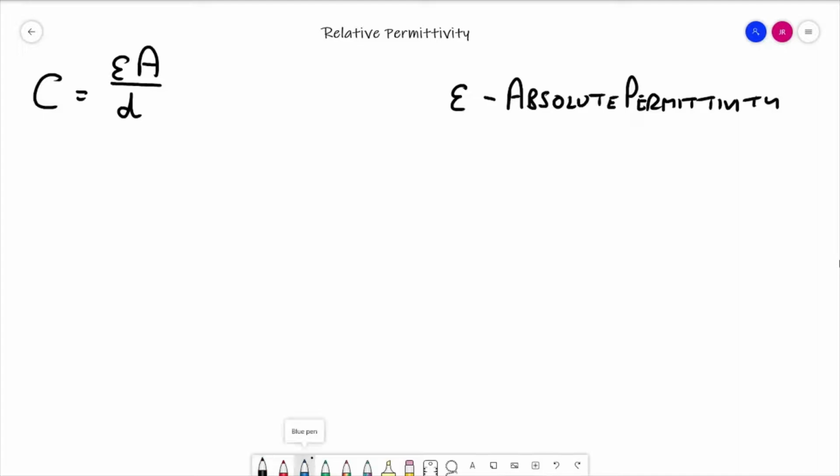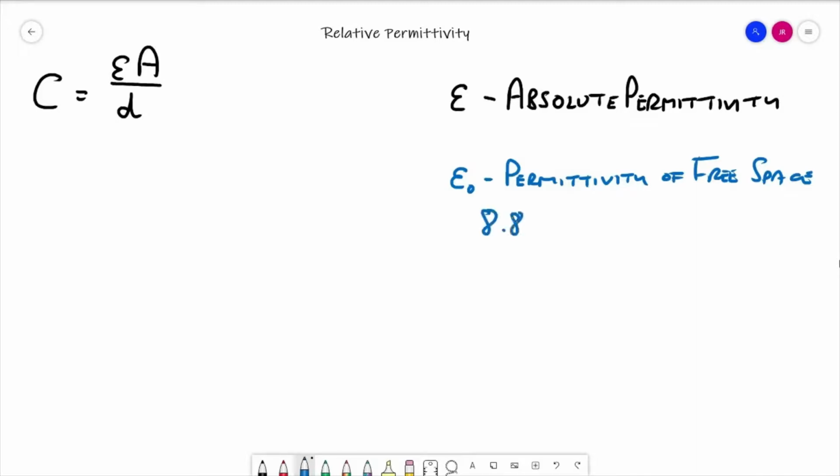Now, we already know one permittivity for a medium, which is epsilon naught, the permittivity of free space. In other words, that is the permittivity of a vacuum. As a number, we know that that is 8.85 times 10 to the minus 12 farads per metre, and is obviously a constant.